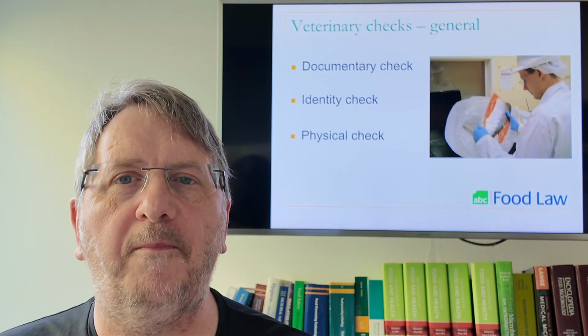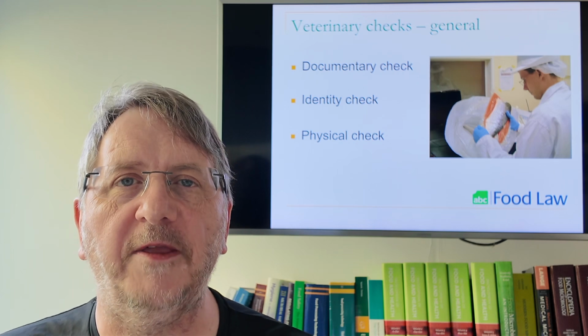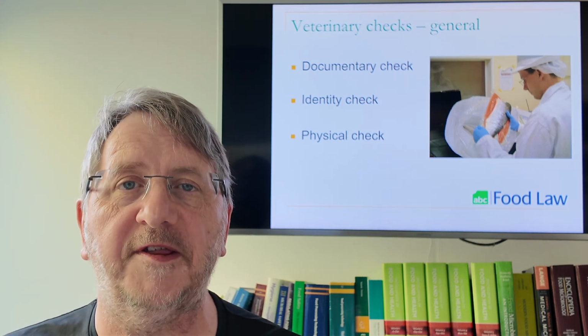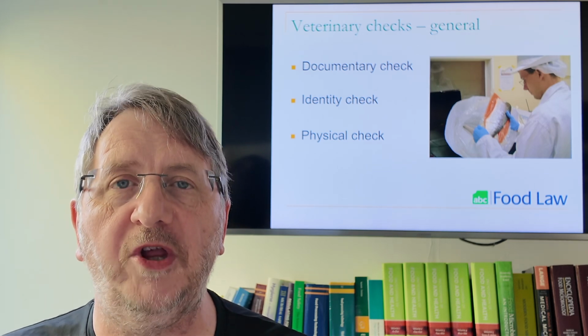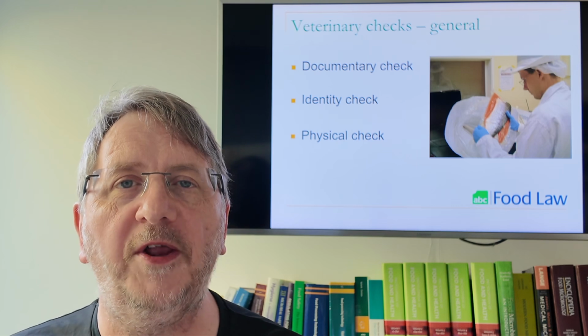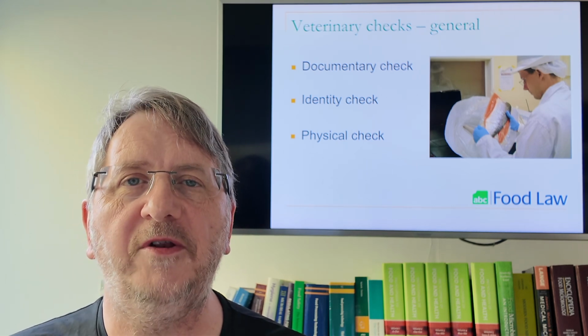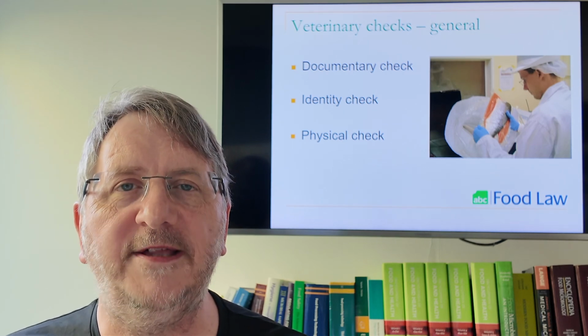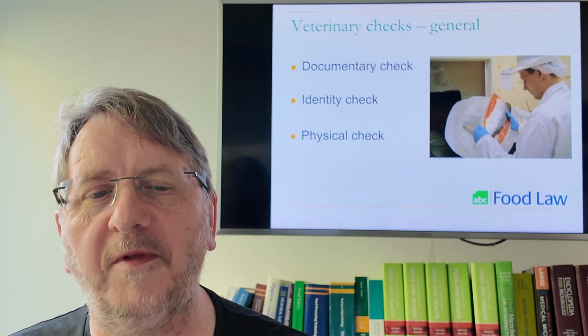Once the product of animal origin has arrived at the border control post, having been pre-notified using the IPAFFS system, it will be subject to veterinary checks, where the officers at the port will, depending on the nature of the product and the risk associated with the product, undertake documentary, identity and physical checks.